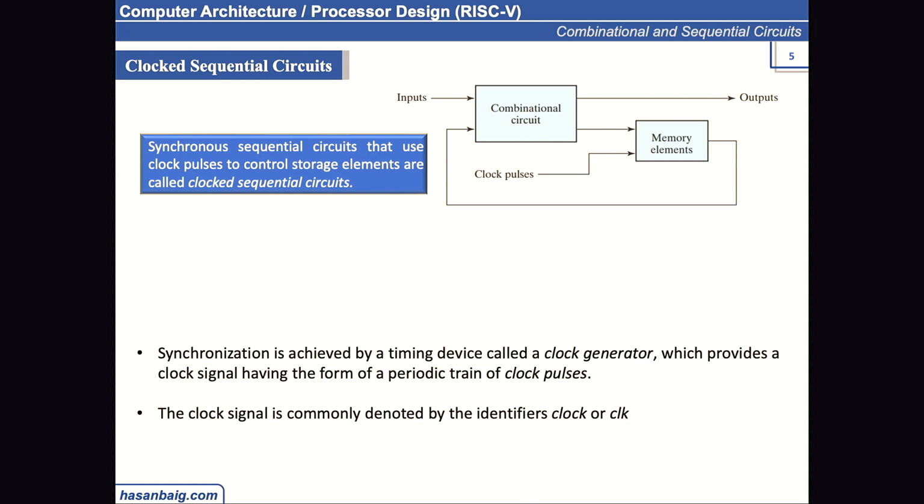But this happens in a computer. We have to talk about how a computer completes its activity within a certain number of cycles, and that is what we call the clock cycle. The clock signal is commonly denoted with an identifier called CLK, or simply clock.